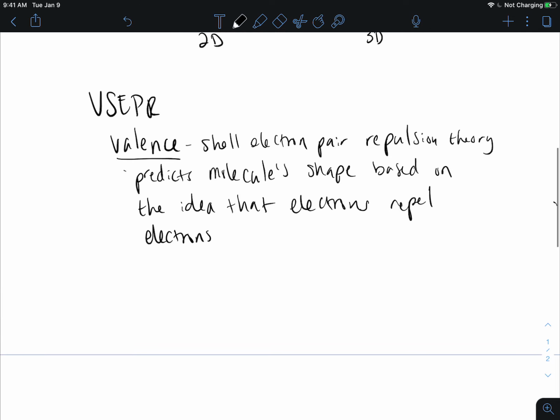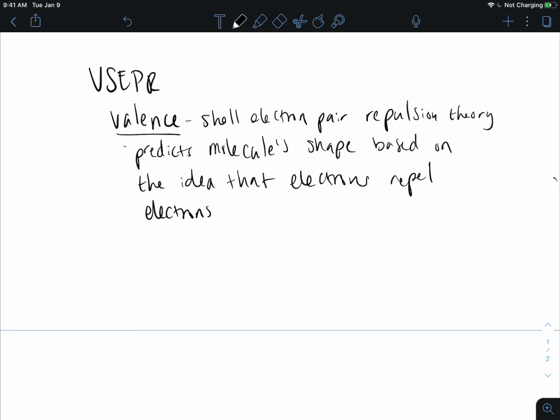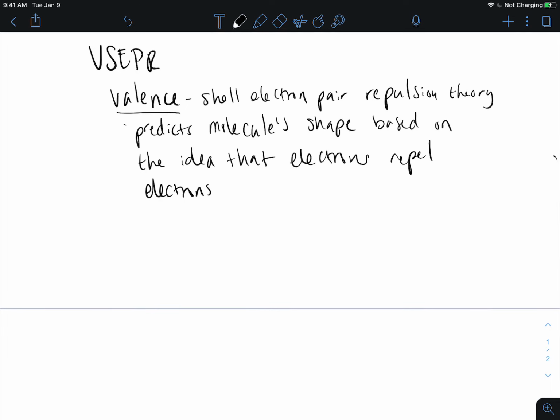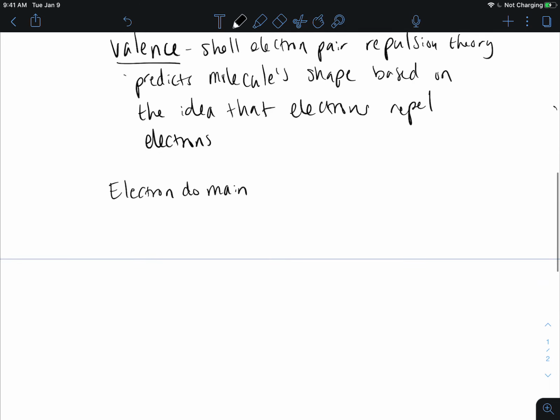So with valence shell electron pair repulsion theory, we're going to first look at what's called an electron domain. So an electron domain is an area of electron density.